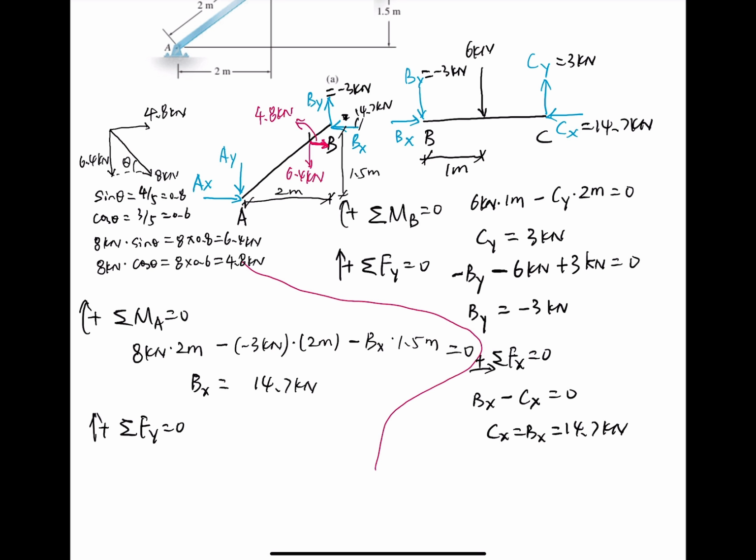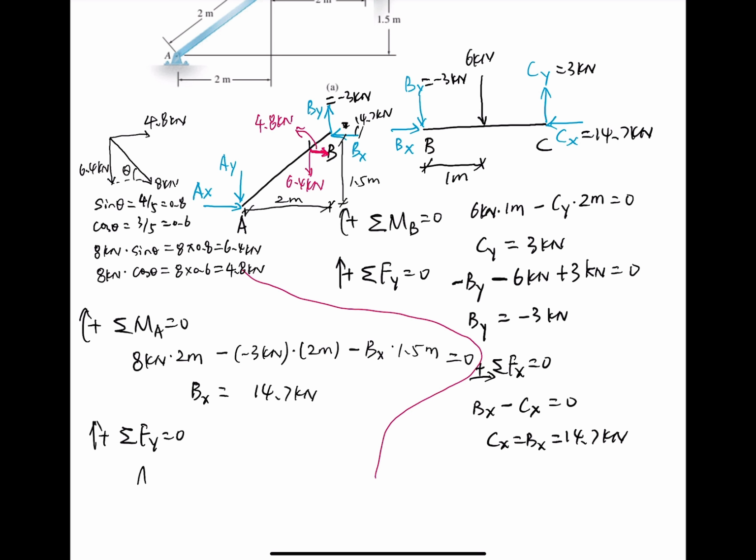Okay. So now in the y direction, in vertical direction, first of all, we have Ay going downwards, so it's negative, and we have 6.4 kilonewton going downwards, negative as well. And we have By going upwards, so it's positive, but the value is negative 3 kilonewton. This is the vertical equation of equilibrium.